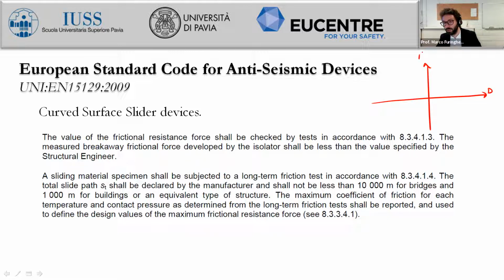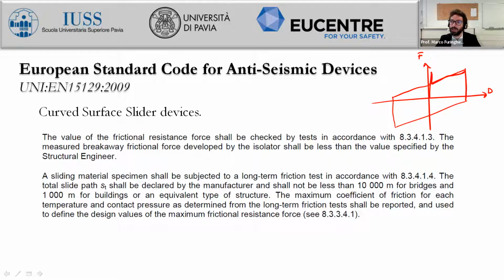If we consider the force displacement loop of a curved surface slider, we have something like this. We have seen the breakaway is something which occurs at the beginning, so the increase in friction.